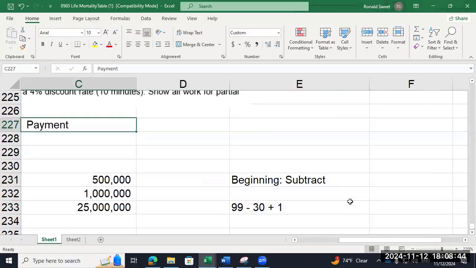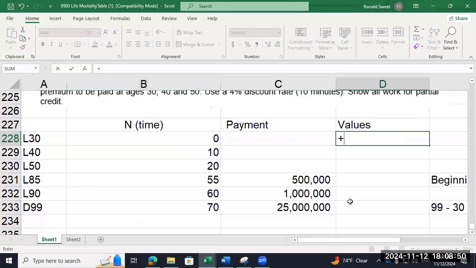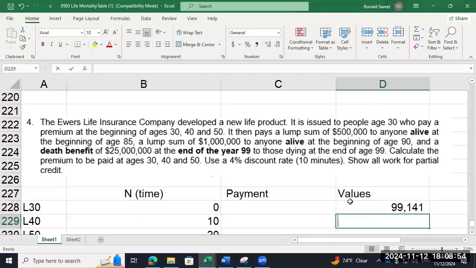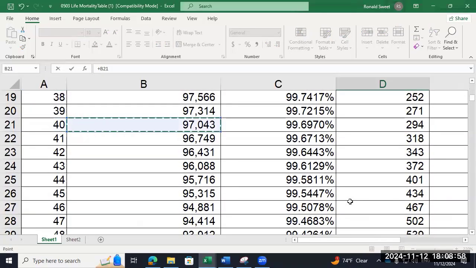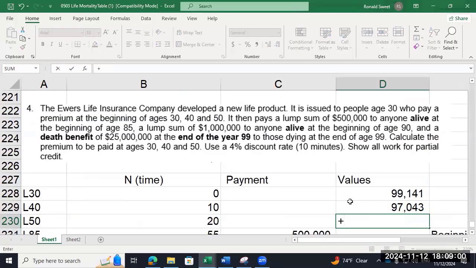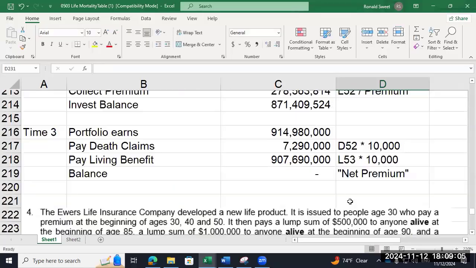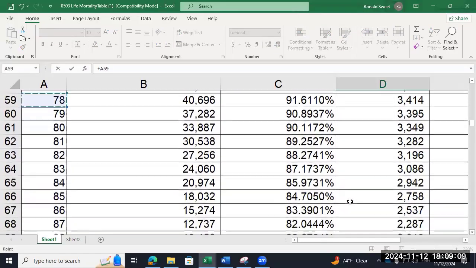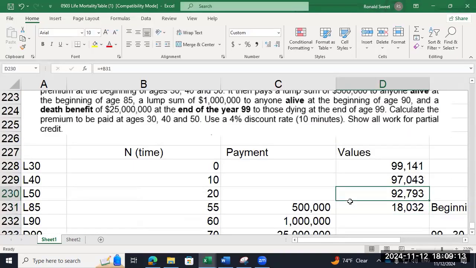Then the question is, what are the values? So L30, we can go get that. L30, L40, L50, L85. And look at that. I mean, this is how this works.